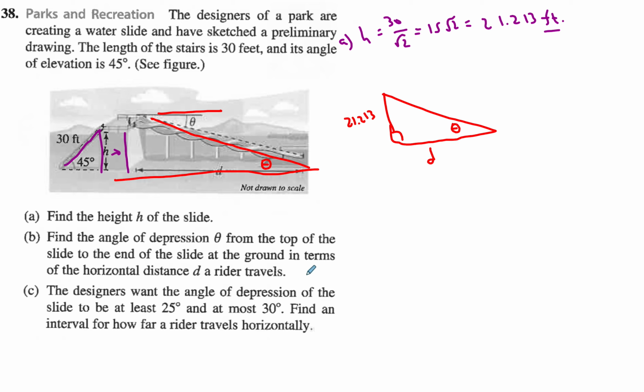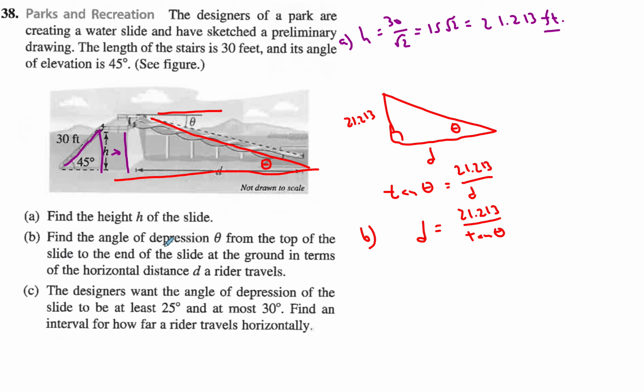So find the angle of depression in the slide in terms of the horizontal distance the rider travels. So what that means is, because we have an opposite and adjacent for our angle, we know that the tangent of theta is equal to 21.213 over d, right? So that would mean d is equal to, so you multiply both sides by d, 21.213 over tangent theta.